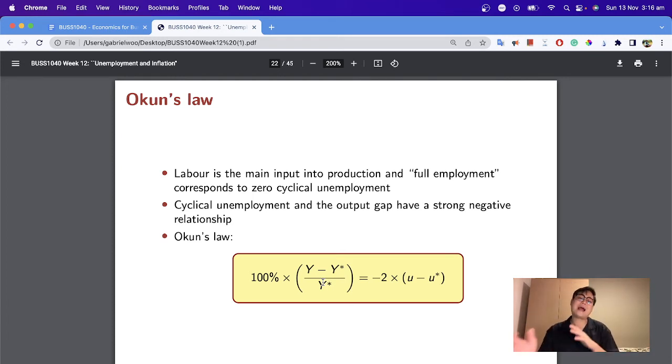This shows the strong negative relationship between cyclical unemployment going up and GDP going down. So every 1% increase in cyclical unemployment, we expect a 2% decrease in GDP. Vice versa, if we see a 2% decrease in GDP, this relationship also holds. We expect to see a 1% increase in cyclical unemployment.